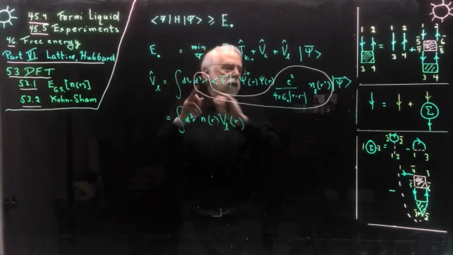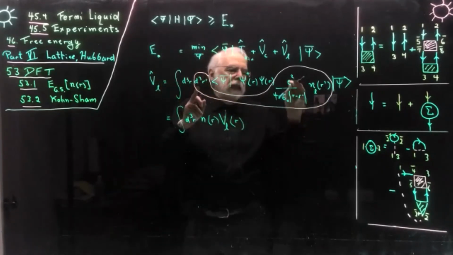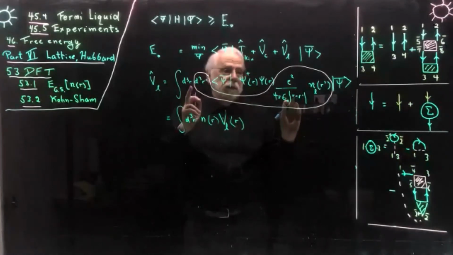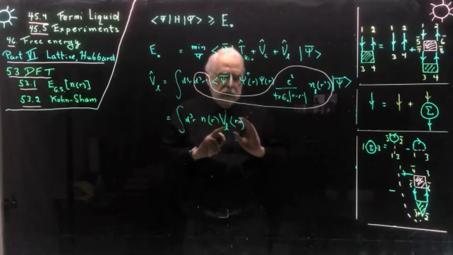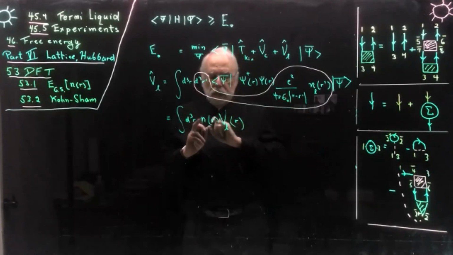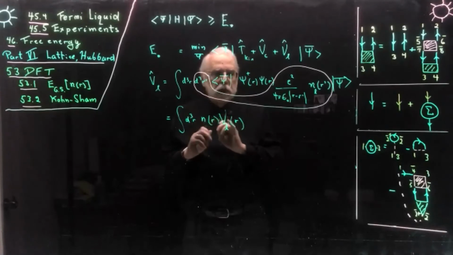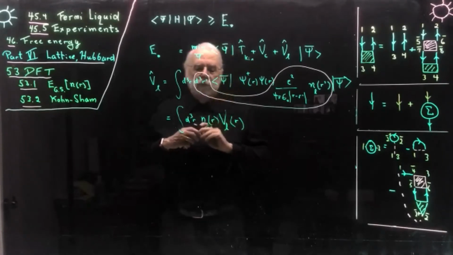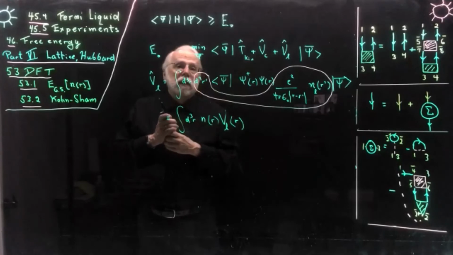If I do the integral over r', I get just a function of r. I get the influence of all the ions at position r, and it interacts with the density of electrons at position r. Very important.